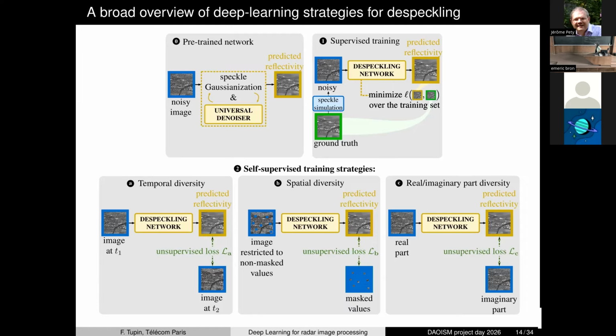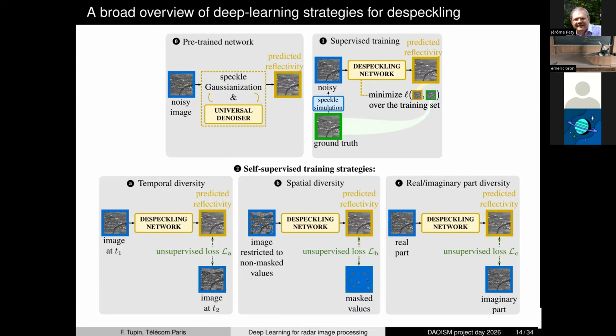So the most common strategy, of course, is this one, which would be the one where you have some ground truth image, and some direct model that could give you some associated noisy image. Then, using this pair of noisy and ground truth images, you take the noisy image as input, put it in a despeckling network, do some estimation, and then have some loss that compares the ground truth and your estimation.